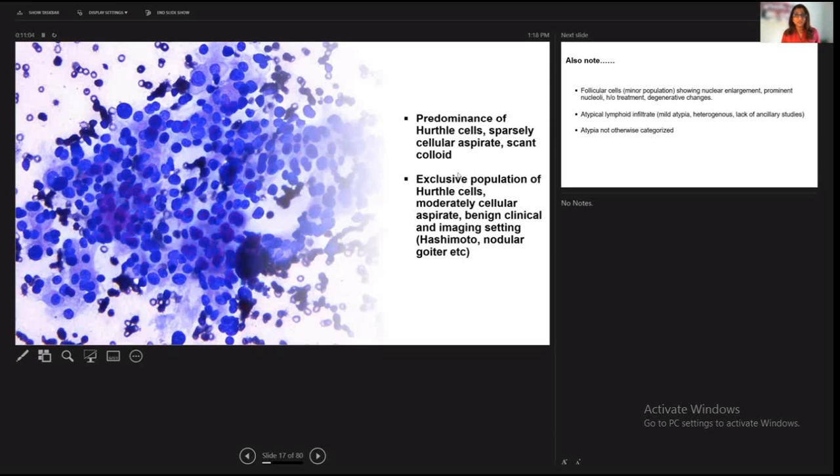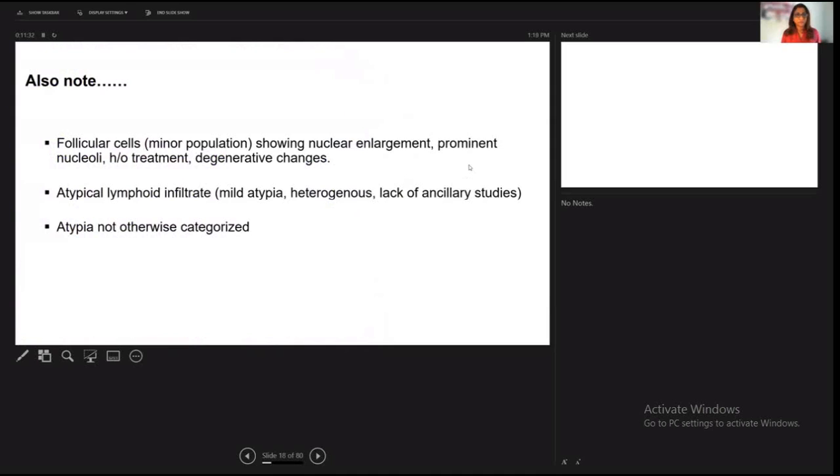Or if there is an exclusive population of Hurthle cells, almost like monotonous, in a moderately cellular aspirate, although the clinical setting is benign and everything, you can probably raise a little red flag of this being an atypical category. But if you're just seeing few focal areas of Hurthle cells, but largely looks very benign, other benign appearing follicles, but few Hurthle cells here and there, it is a metaplastic change, and you don't want to really overcall that to be an atypical category.